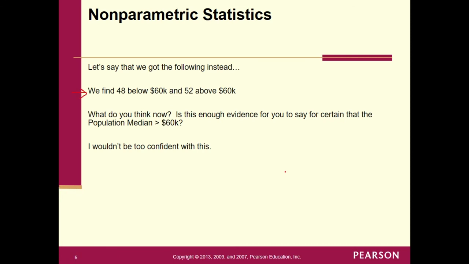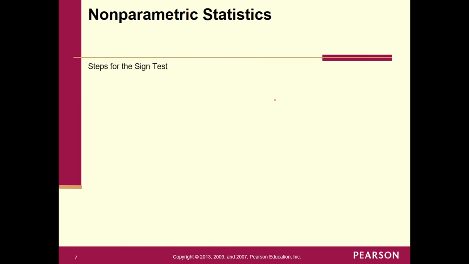So that's not overwhelming evidence here. Certainly a random sample could have produced this if the population median was truly equal to 60,000. So in that case, we would have said do not reject the null hypothesis. So that's the 20,000 foot view of how this test is run, and its logic.